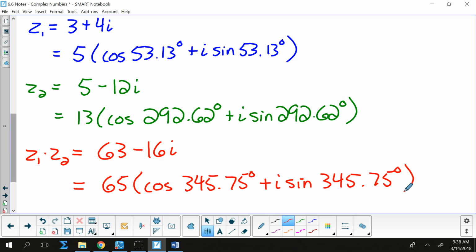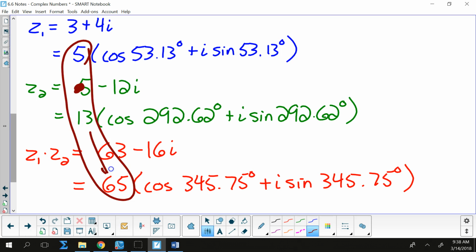Okay? Now, my question to you is this. Does anybody see, not one, but two patterns? The r's for z1 and z2 multiplied together equal the r for z, or is that considered z3?